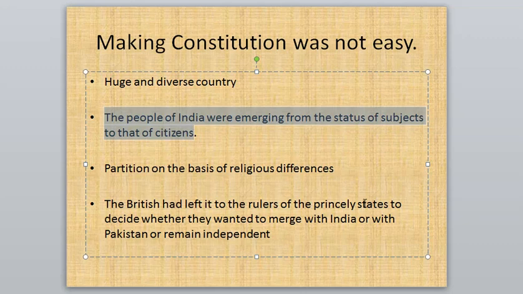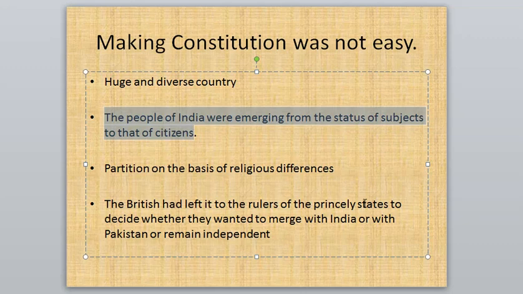Subjects basically, सूची कहते हैं इसे, means we were not taken as human beings, not taken as citizens during British rule. We were just under one control or jurisdiction, typically by using force. We were not given the power, not given the rights of citizens. They were treating us just as subjects.